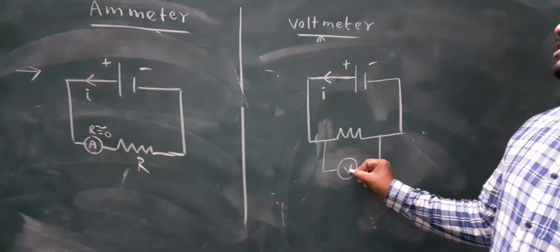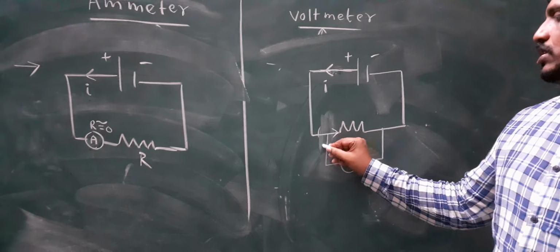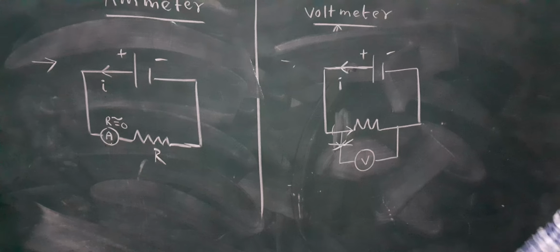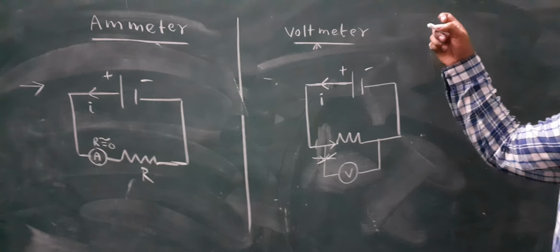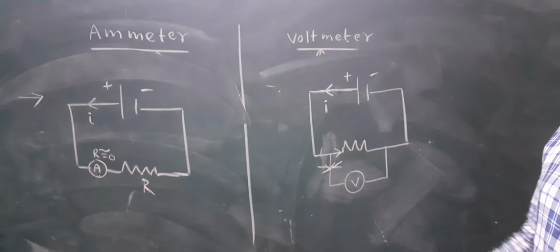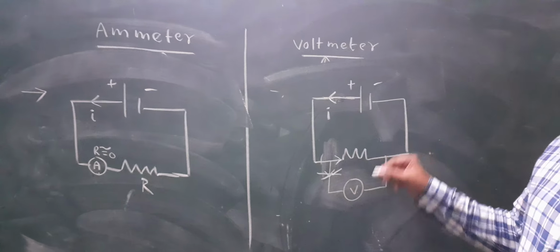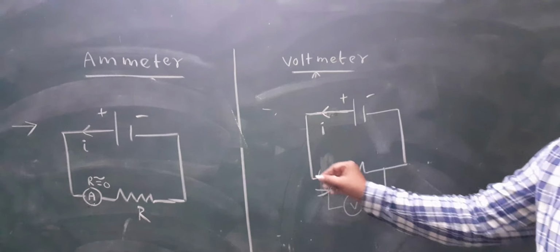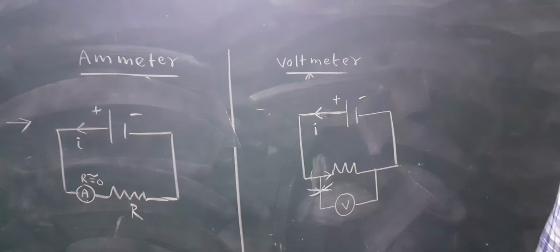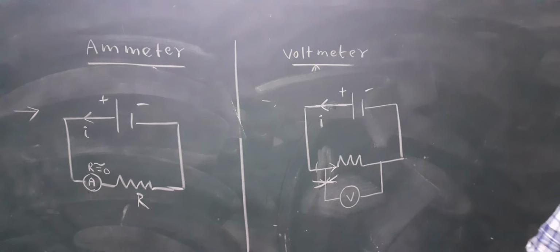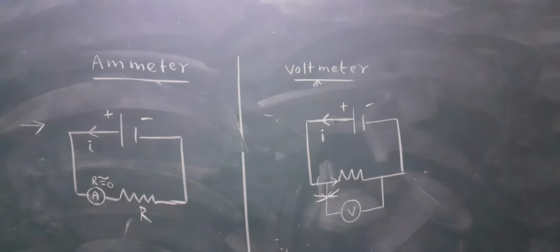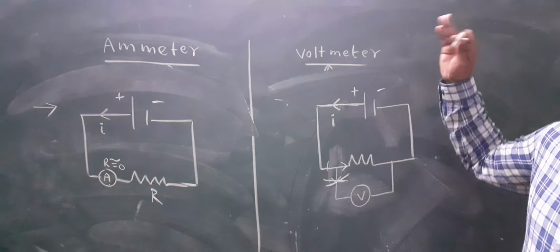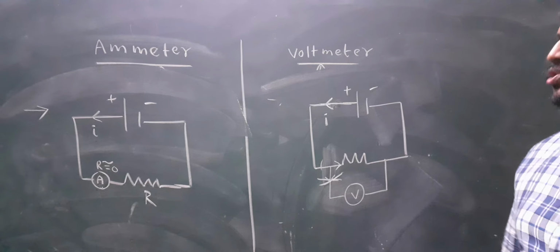Since we take an ideal voltmeter with high resistance, no current divides, no current splits, current continuously flows. There is no change in the resistance of the external circuit. That's why the voltmeter is always connected in parallel to the external circuit.